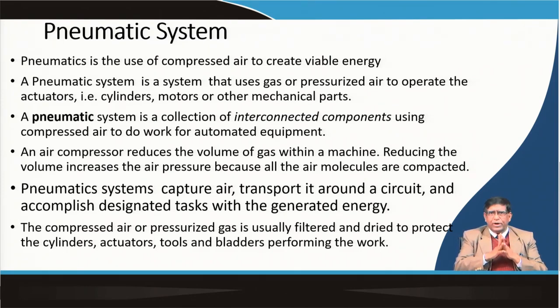So, these components, whether compressors or cylinders, will form a system where there will be a number of other interconnected components. These interconnected components perform the required work. Now, an air compressor reduces the volume of gas within a machine.